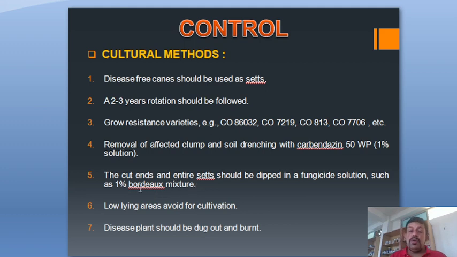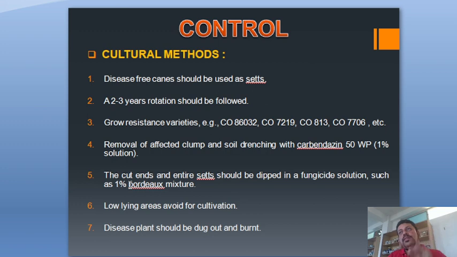Most importantly, we have to follow the concentration. If the concentration is more, it can go into the tissue of the sugarcane, which will be consumed by us, and it could be a major cause of health hazards. So every time we use any type of fungicide, we have to be very clear that the concentration has to be maintained.